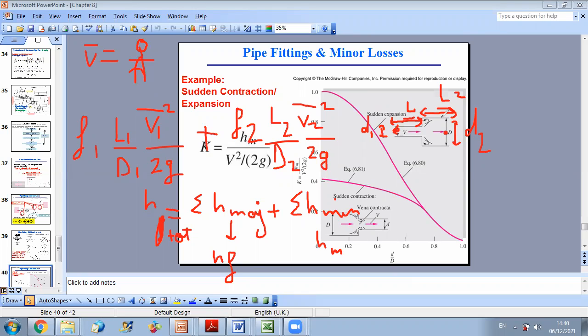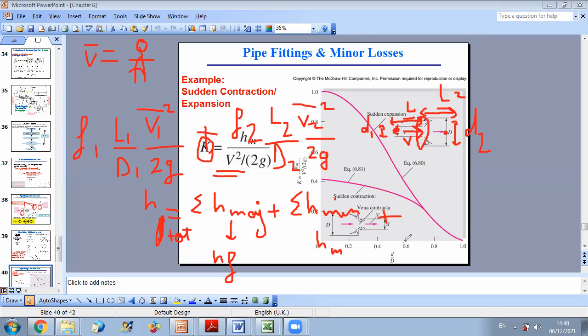Now, when we want to compute the value of minor losses, we should add the minor losses. Here, we go to the figure. The source of minor losses is the sudden expansion. But as they told us, the coefficient K of the sudden expansion is defined relative to the velocity before the expansion. This is the V we consider.